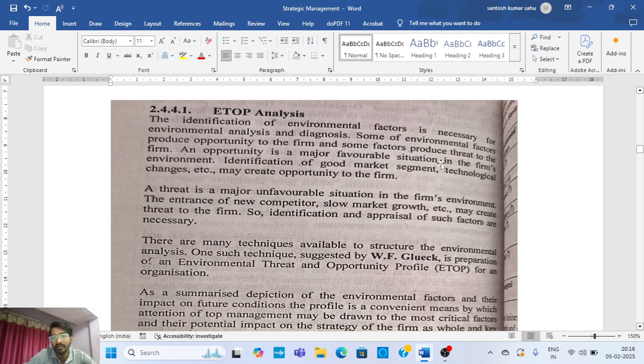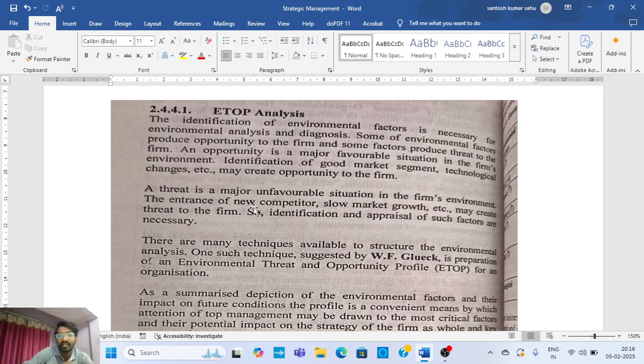Opportunities measure favorable situations in the firm's environment. Identification of good market segments and technological change create opportunity for the firm. So this is how the ETOP process is involved.